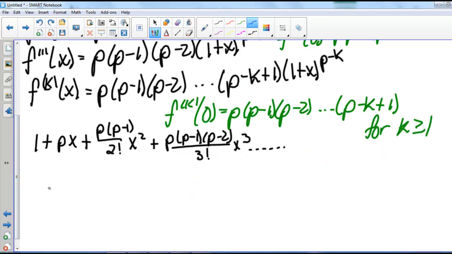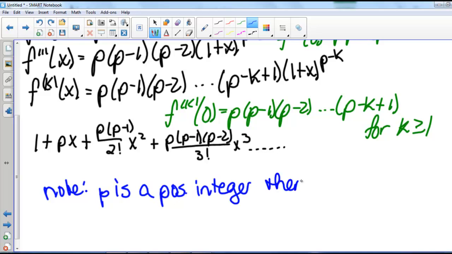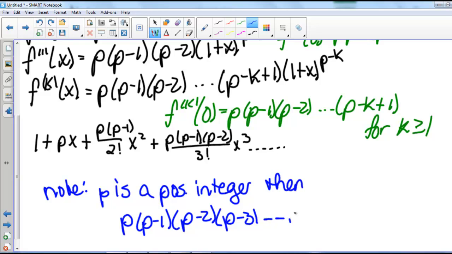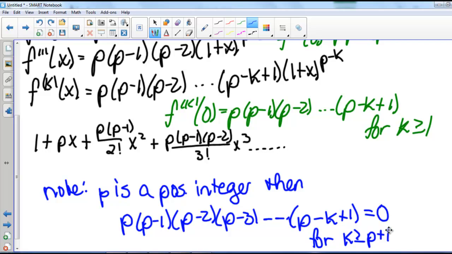So looking at this, we're going to note that if p is a positive integer, then p times p minus 1 times p minus 2 times p minus 3 and so on, all the way up to p minus k plus 1 is going to equal 0 for k greater than or equal to p plus 1. Because at some point, one of these terms will equal 0.